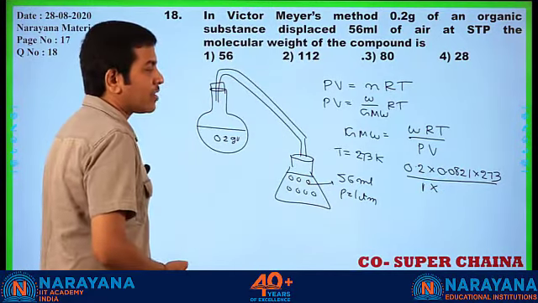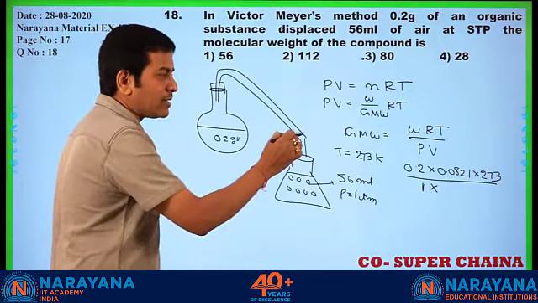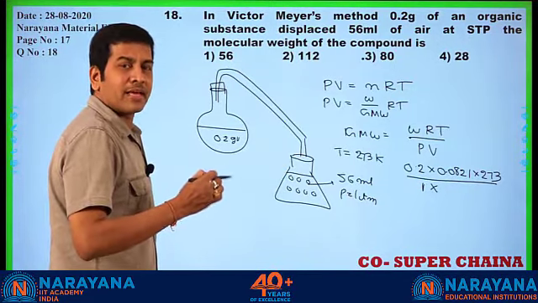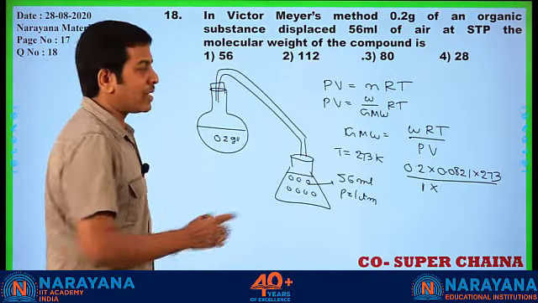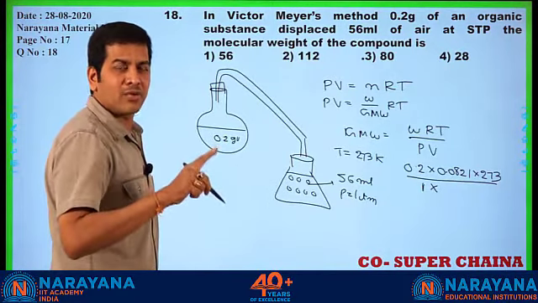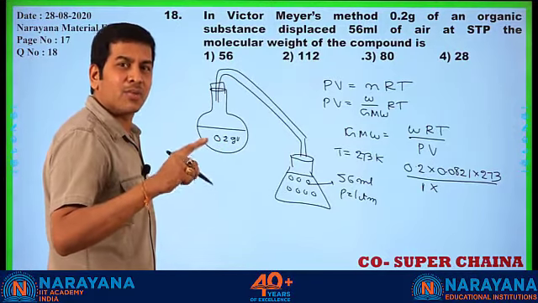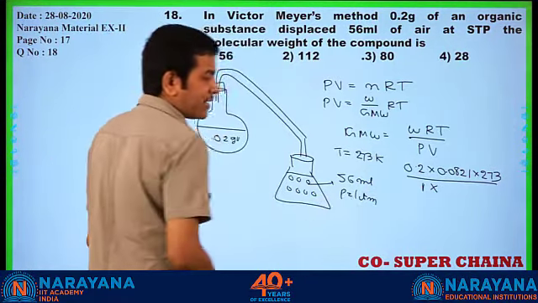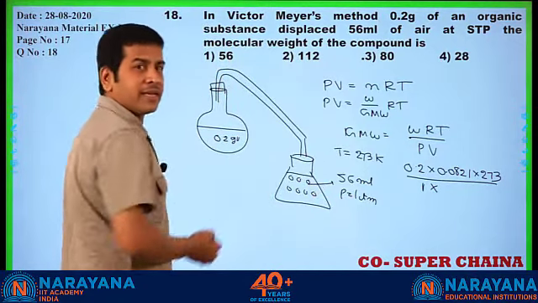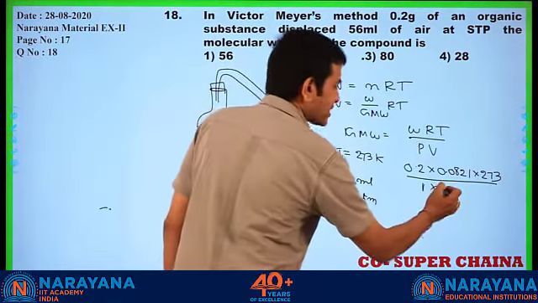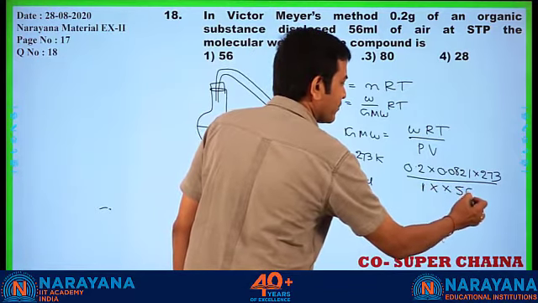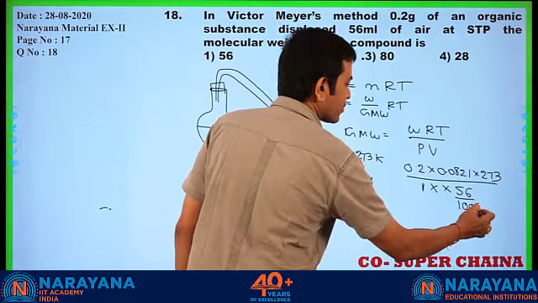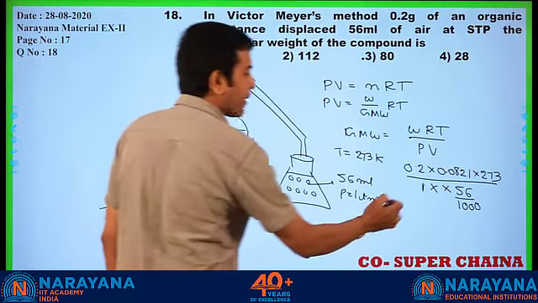If you use the 0.0821 R value, pressure should be in atm and volume should be in liters, because that R value is 0.0821 liter atmospheres mole inverse K inverse. Here 56 ml is given, change into liters: 56 by 1000.